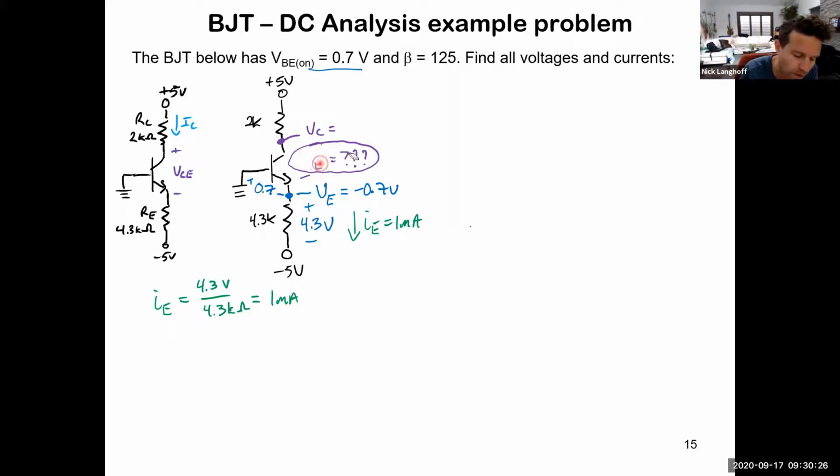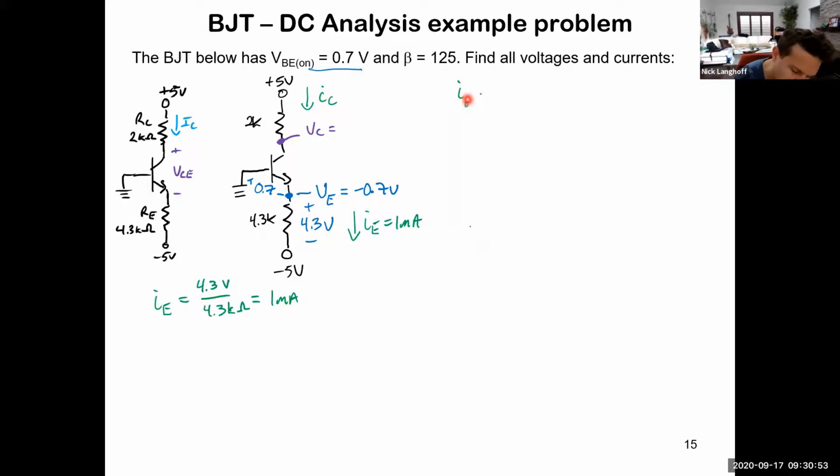So how can we find VC, and how can we find the collector current IC? Well, what we're going to do is find the base current, and then we'll know the beta value. Beta times that base current is the collector current. So let's go find the base current.